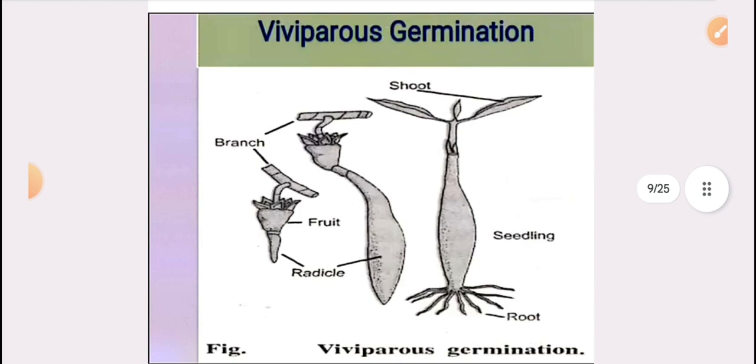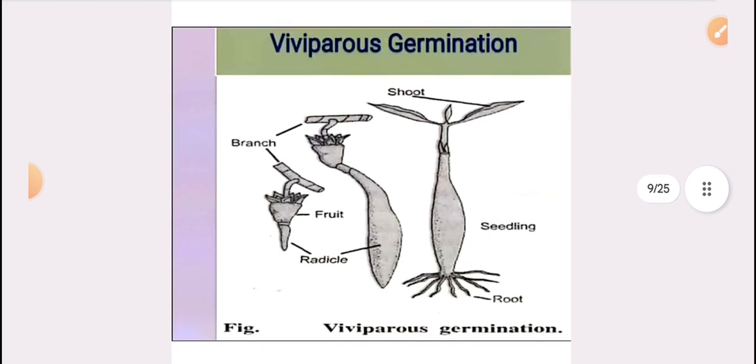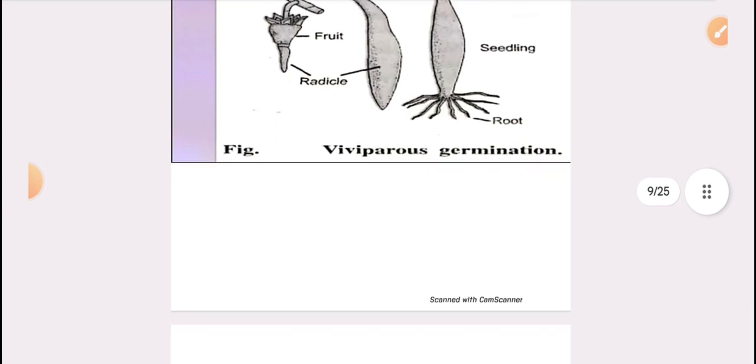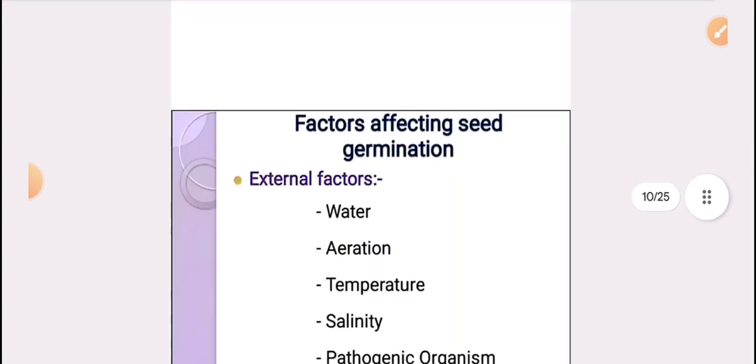This is the diagram which shows viviparous type of germination. Here we can see that the fruit is still attached to the branch and elongates. Afterwards it falls down, forms roots and develops into an entire plant. This is the type of germination.